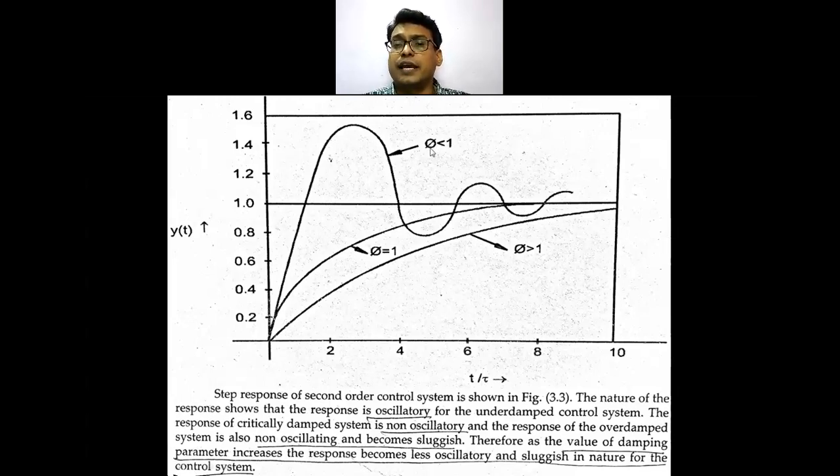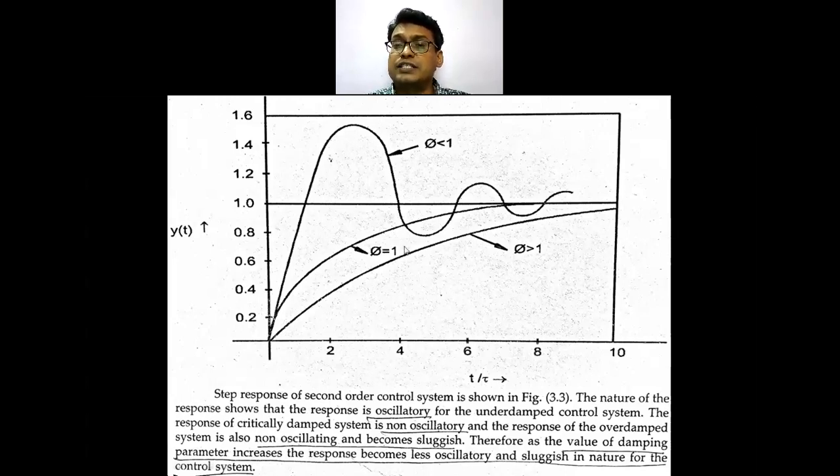For phi, the damping parameter less than 1, it behaves sinusoidally, and slowly those sinusoidal waves decay. Then phi equals 1, it has a response without any sinusoidal behavior, and for phi greater than 1, the response becomes sluggish.